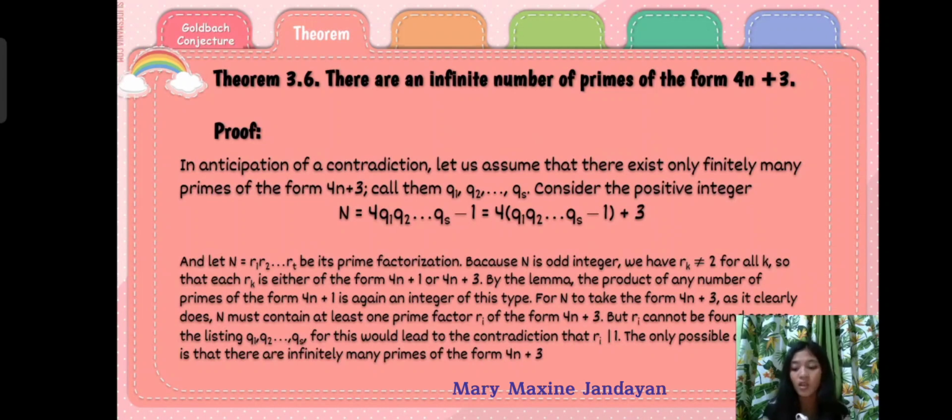So that means we can never get numbers of the form 4n plus 3 from the form 4n plus 1, which contradicts the original claim that at least one of these primes is of the form 4n plus 3. Thus, Theorem 3.6 is true: there are an infinite number of primes of the form 4n plus 3.